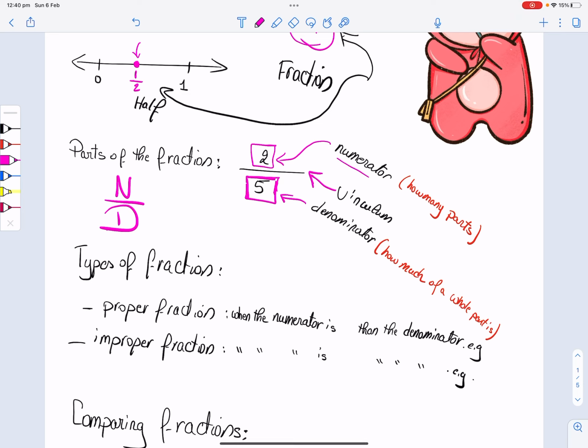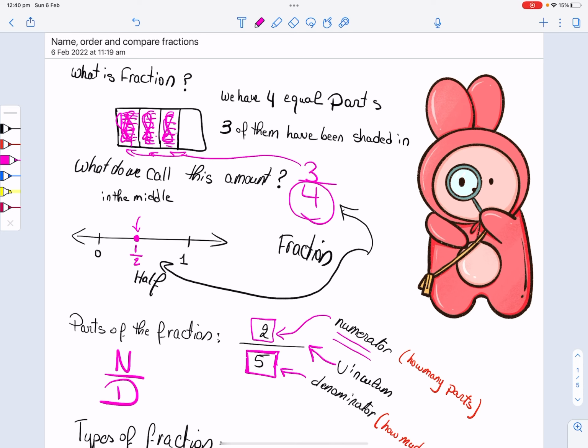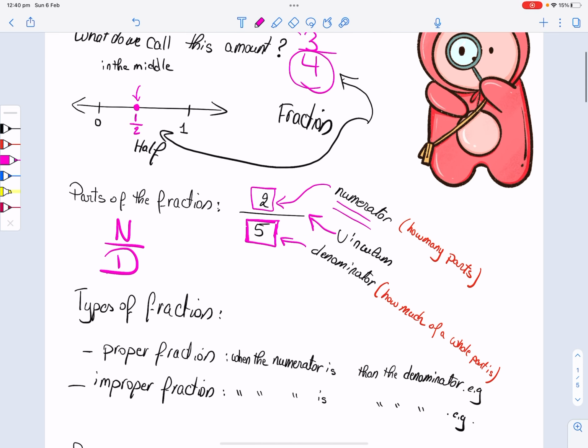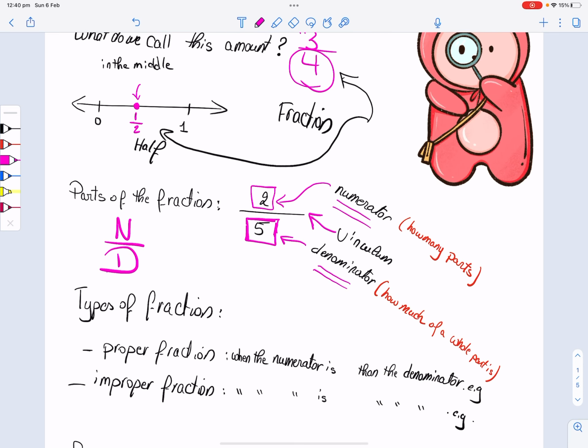What's the numerator? It's how many parts. If we have a look here, 3 represents how many parts are shaded, 3. And the denominator represents how much of a whole part is. For example, here we have 4, which is all of it, 4.